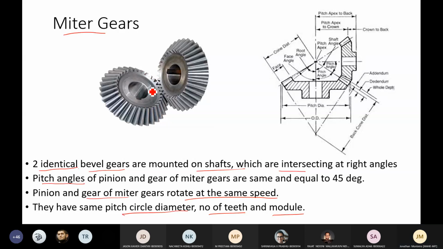That's it. So where are these types of gears found? Of course, you can immediately think of the differential as one of the applications. Yes, you can call them mitre gears if they have the same pitch circle diameter and number of teeth. At the same time, very small applications also use this.